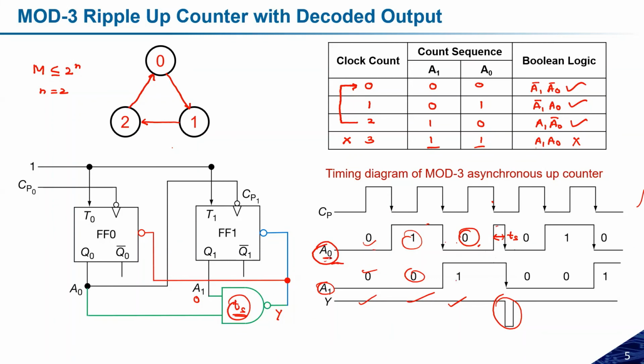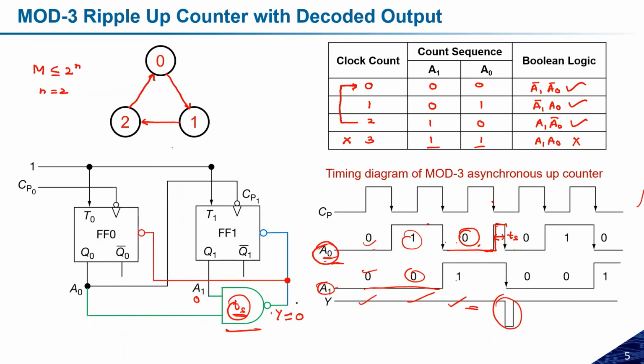So even though A0 changed from 0 to 1, and at the same time A1 was initially 0 and then became 1, after this TS time period, Y will become 0, because initially Y was 1.